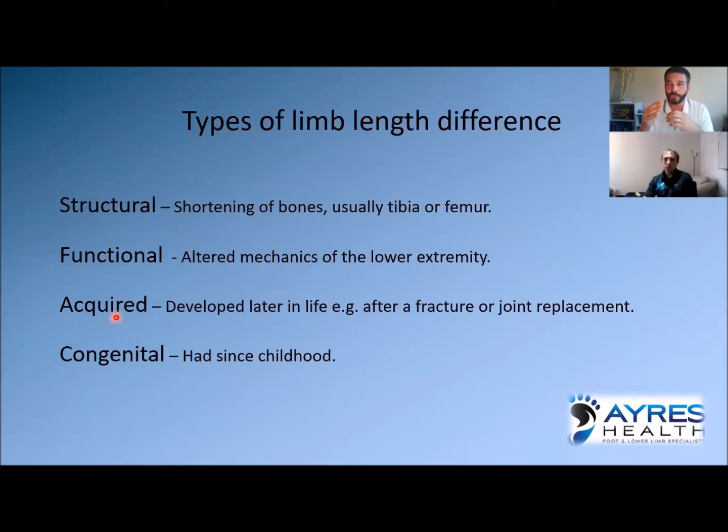So it's something that somebody has developed, either a functional or a structural limb length difference, at some point throughout their adult life. And a congenital limb length difference is something that you've had since childhood. So basically you've grown up with either a functional or a structural difference in your limb length, and that's just how your body has formed.